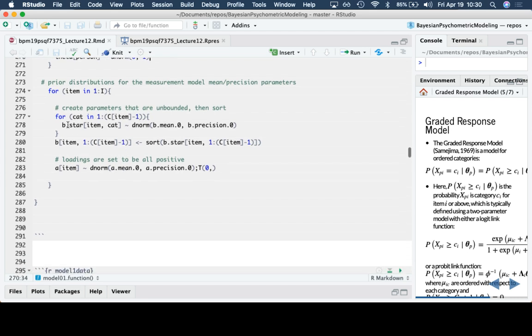And then for each of my categories, my A's follow a truncated normal also. This is to correspond to the factor analysis from before. And my B's here, now this is the other part that's excessively frustrating about JAGS. This truncated syntax seems really awesome, right? You can go and truncate things.